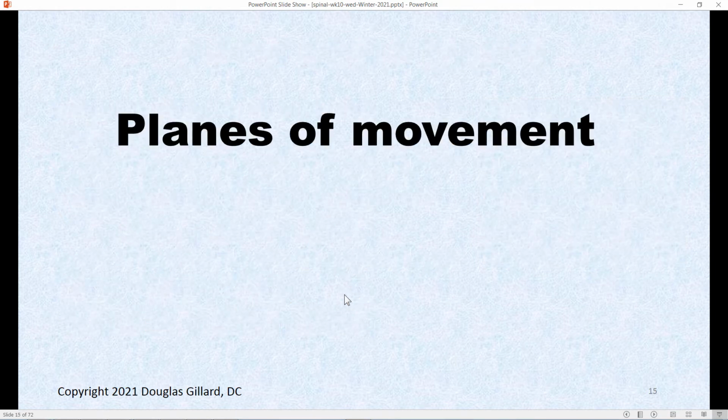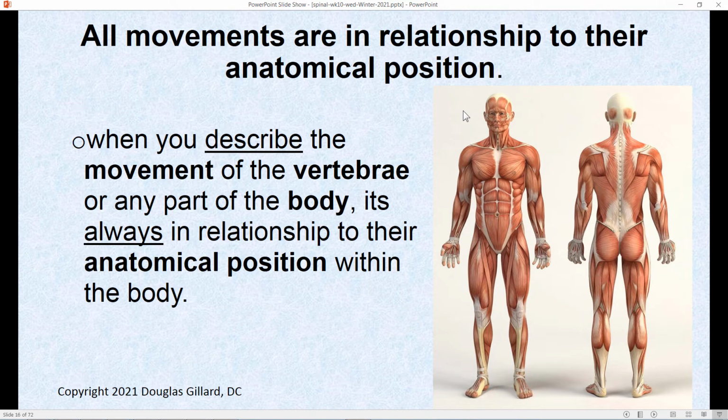All right, so let's get into planes of motion. Now, all planes of motion, especially when we're talking about our vertebrae, are described in the anatomical position. You already know that from anatomy. So if I made a giant vertebra here, this is the anatomical position of the vertebra. We can't see the spinous process from this view, but we can see the body and the transverse processes.